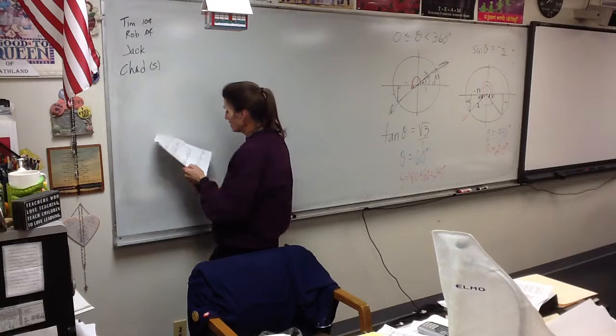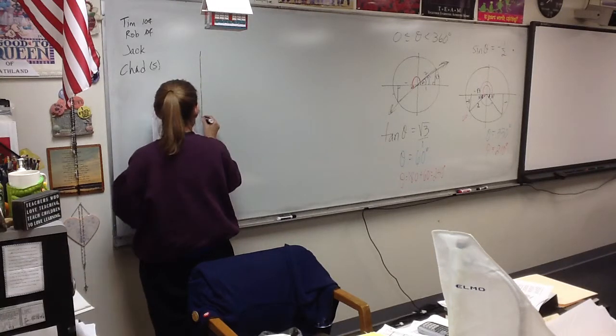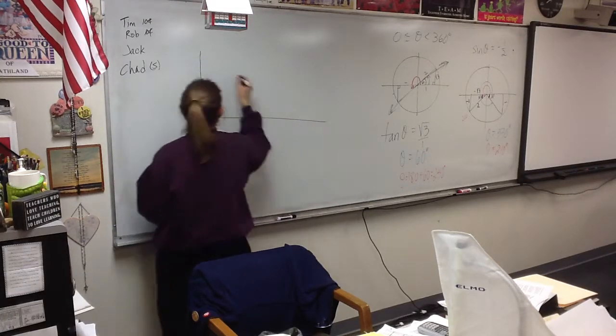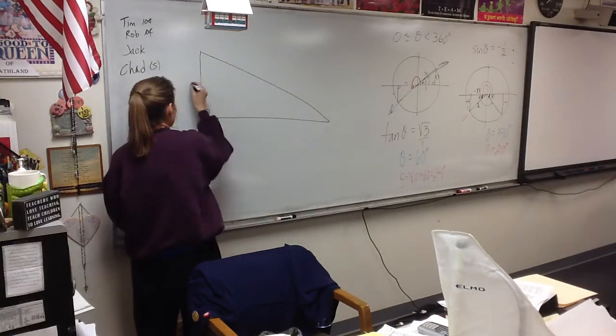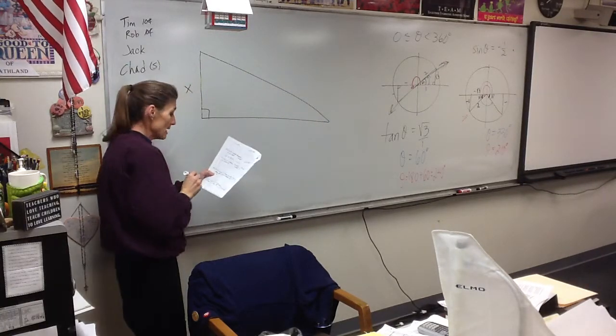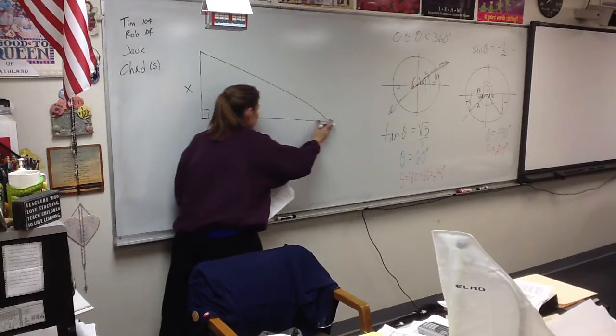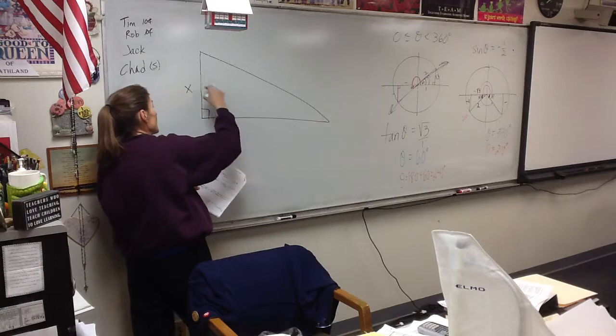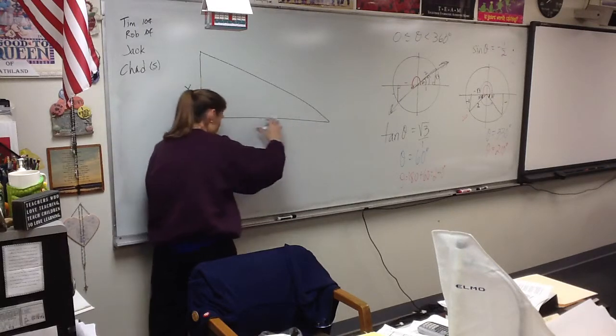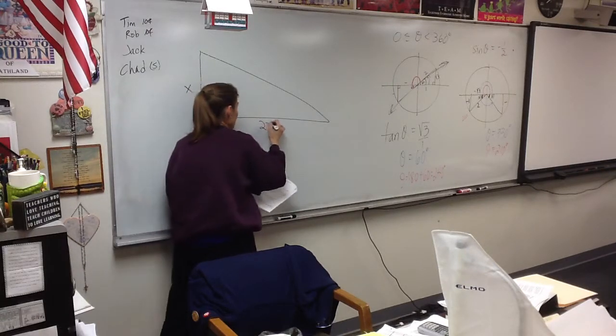We want to find the height of a flagpole. Here's my flagpole. I want to find its height. And its shadow, which is on the ground. Here's the sun up here shining down. And the shadow of the pole is 27 feet long.